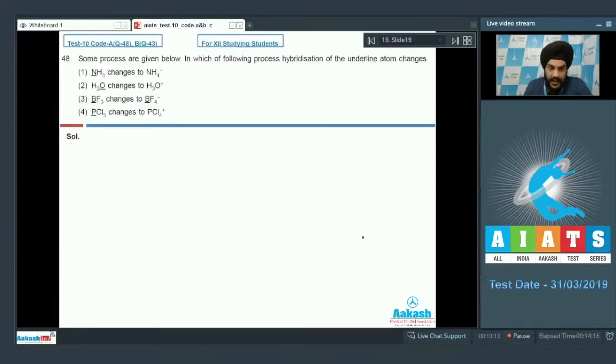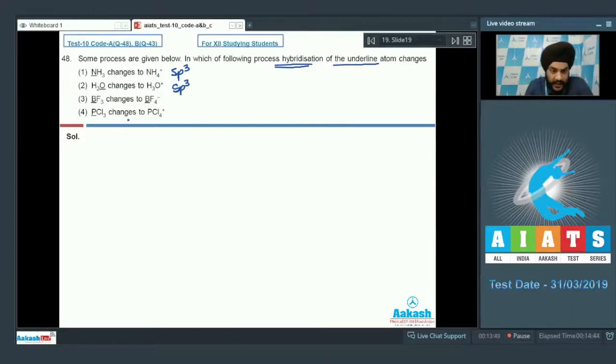Question number 48. Some of the processes are given below. In which of the following processes does the hybridization of the underlying atom change? So if you talk about the first option, we have ammonia changing into ammonium ions. So if we talk about the hybridization, both of them are sp3. So this is not the correct answer. If you look at the second option now, H2O changes to H3O+. This is also not correct as the hybridization of both these species is sp3.